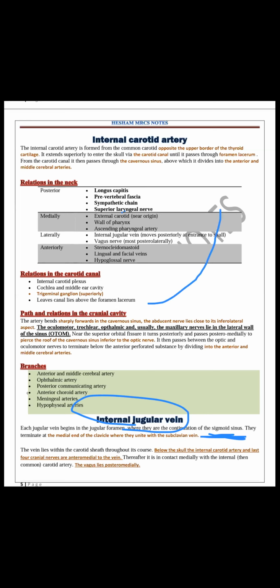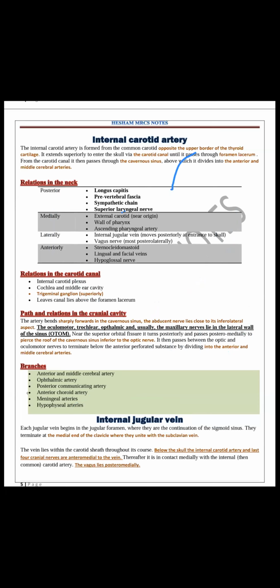The most important one is the sigmoid sinus on both sides. After the continuation of the sigmoid sinus passes here, it gives you the internal jugular. By the way, this sigmoid sinus passes through the jugular foramen from the base of the skull, and the continuation of it forms the internal jugular vein.